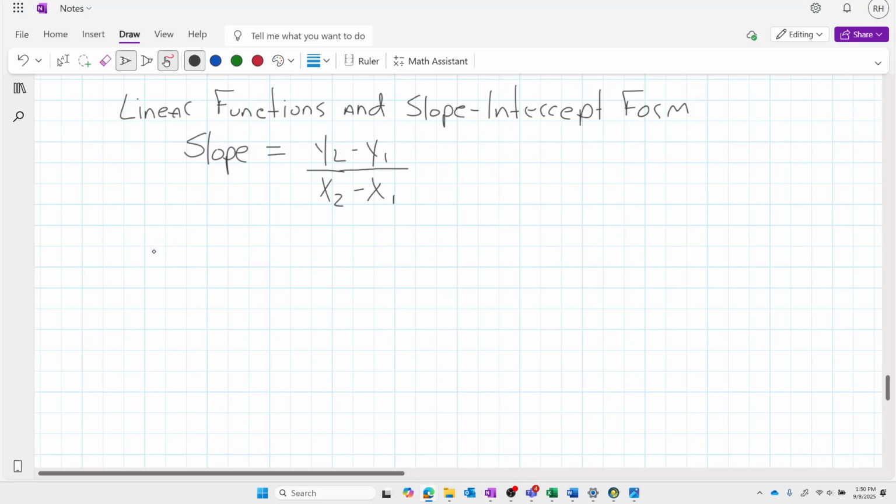So if you're asked to find the slope of a line that passes through the points, and let's say you're given -3, 7, and -2, 4.